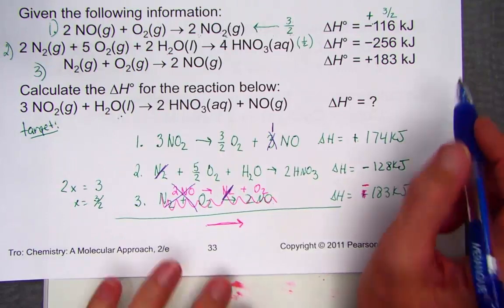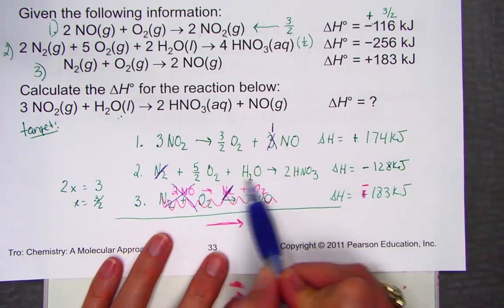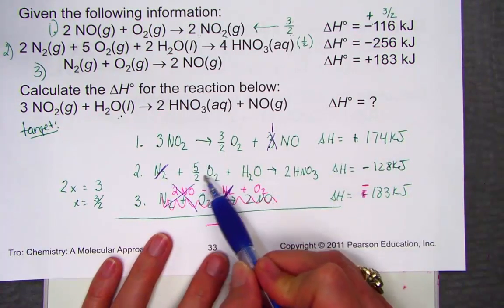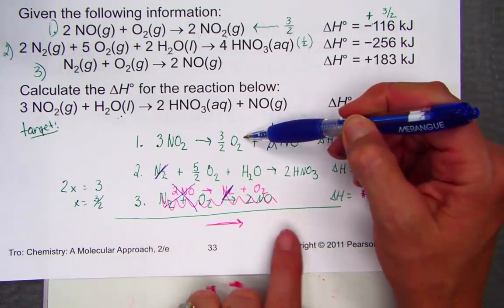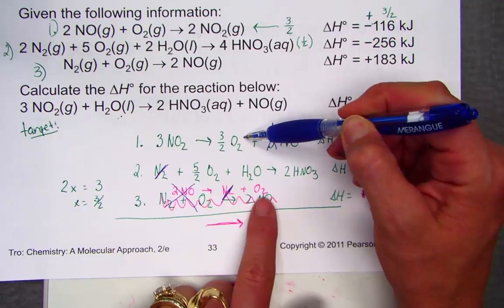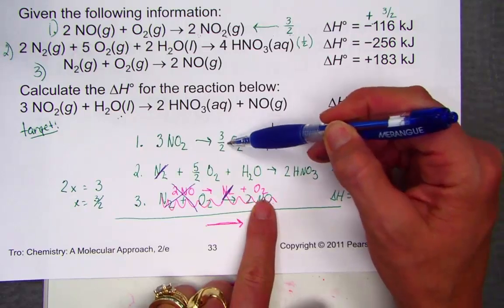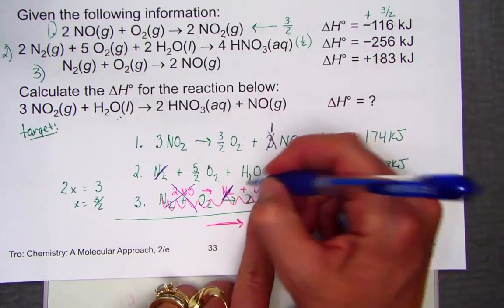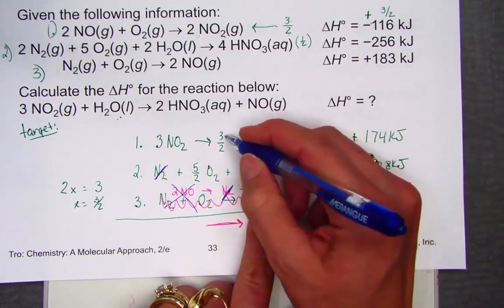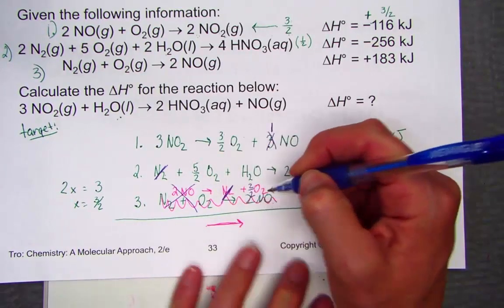Here's what else we see. On the left side of the arrow in equation 2, there's 5 halves of oxygen. On the right side is some oxygen in both equation 1 and 3. 3 halves and 1 whole more is the same as 5 halves. Think of this as 2 over 2, and you can simply add 3 plus 2 to make 5 halves.